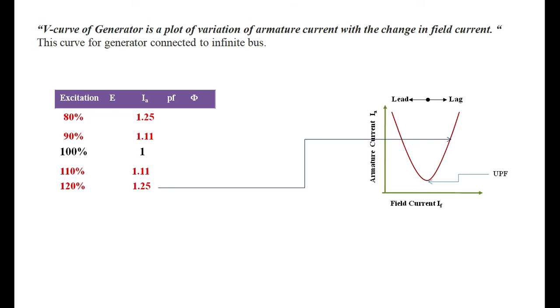Whereas in the case of a leading power factor, that is what you are calling an under excited alternator, which is receiving reactive power from the infinite bus. When it is over excited, that is the excitation is more than 100%, in that case the nature of the power factor is lagging. In that case, the alternator is delivering reactive power to the infinite bus. This is how we have to explain the V curve of the machine.